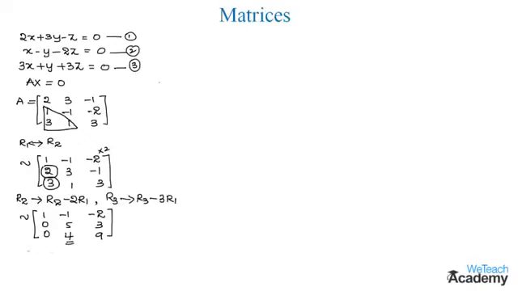So for this, we need to make changes to row 3, which is denoted by the notation. In order to make this element 0, we can make use of this row and also this row. But as we have the element 0 in the second row, we are not going to use R1. Instead of R1, we are going to use R2.